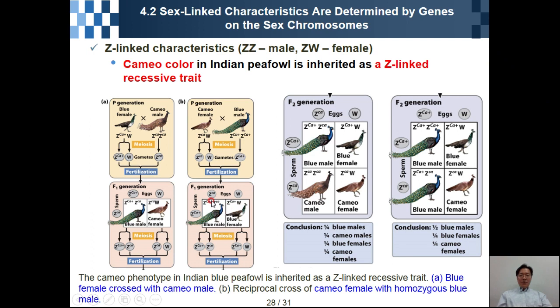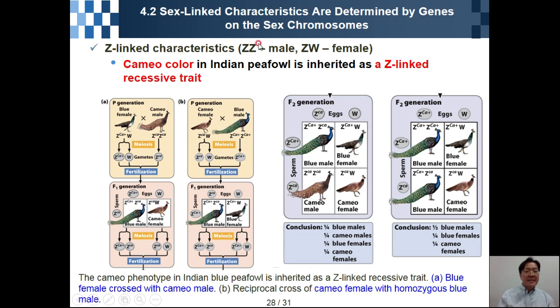So in the F1 generation, after meiosis, this male makes the sperm ZCA plus and ZCA. How about this female? This female makes the egg: one is ZCA plus and W.